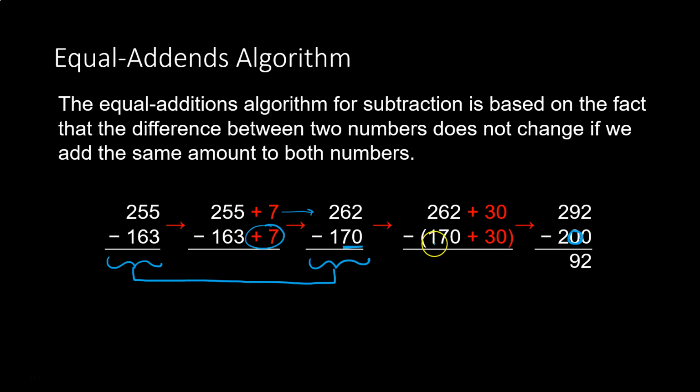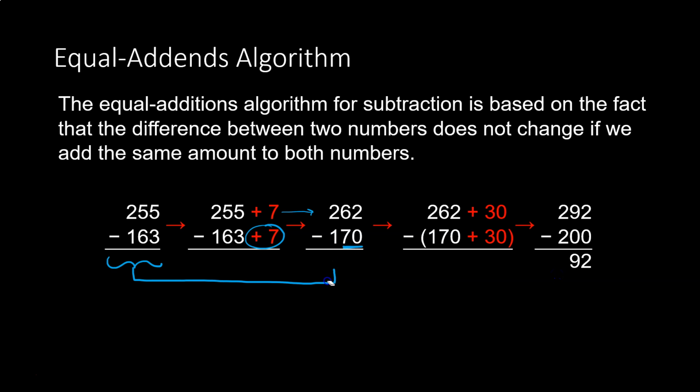So adding 30 to 170 turns our subtrahend, the number we're subtracting, into 200. And if we add 30 to 170, we need to add 30 to 262 as well. So our new problem looks like 292 minus 200, and that will have the same answer as the rest.